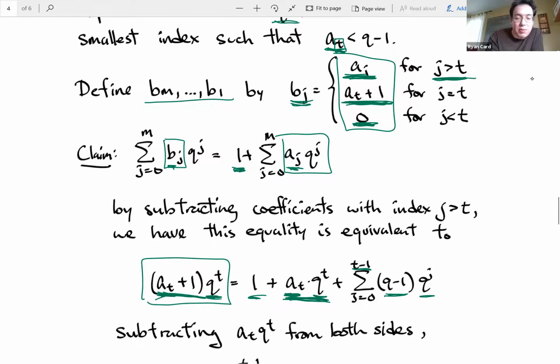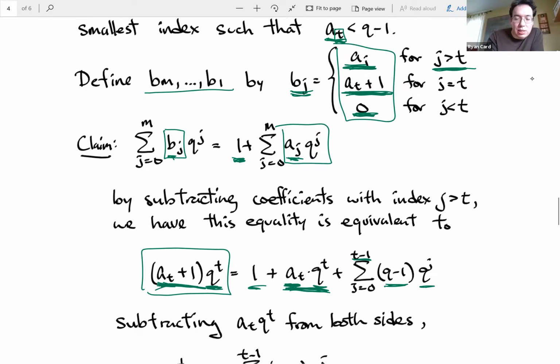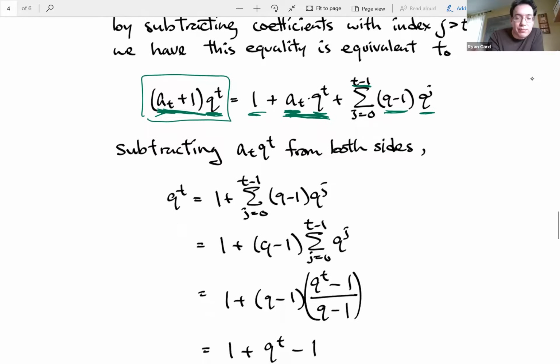And what we're going to be left with is q to the t on the left-hand side. 1 we're going to carry over, and we have this sum of all the lower digits, which is all q minus 1. We're going to do the same thing we did earlier. We're going to factor out q minus 1 from the summation.